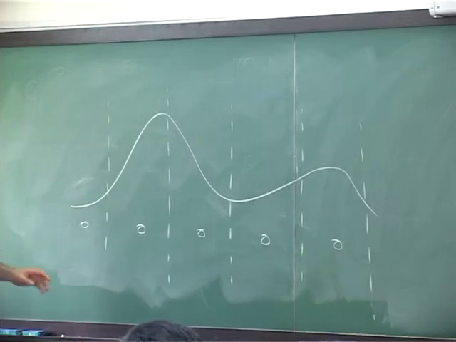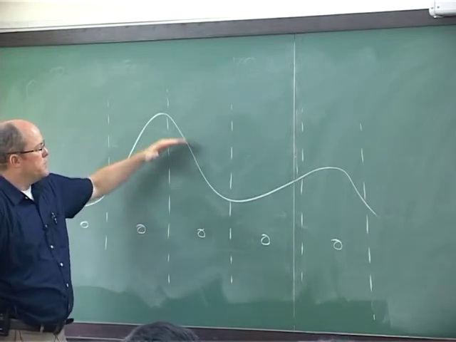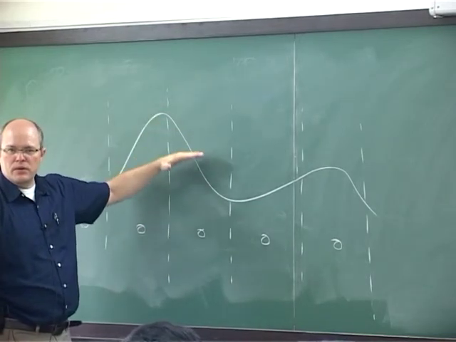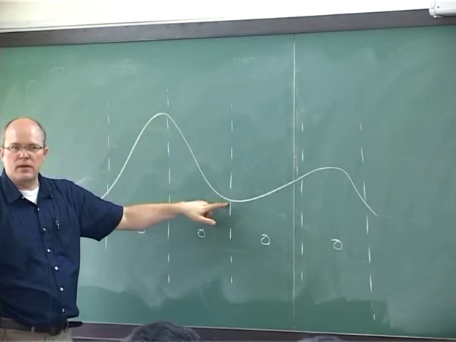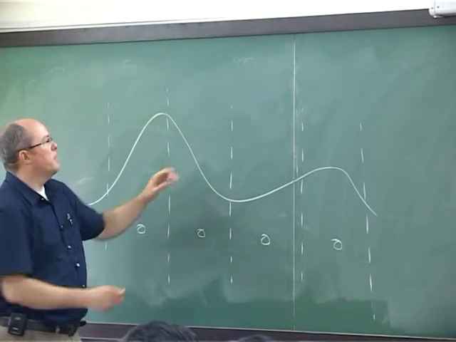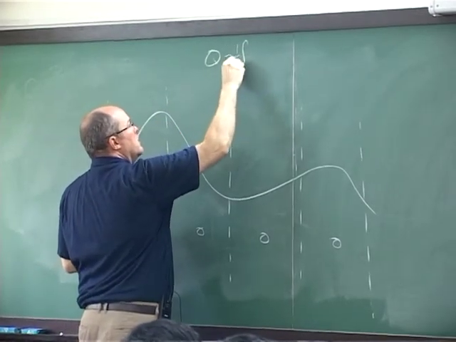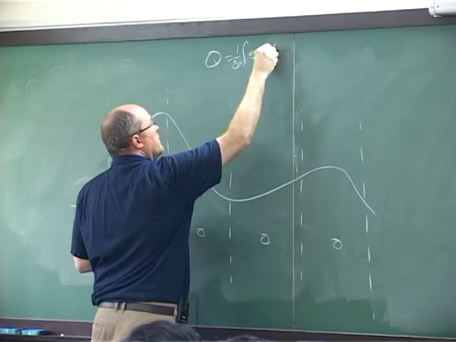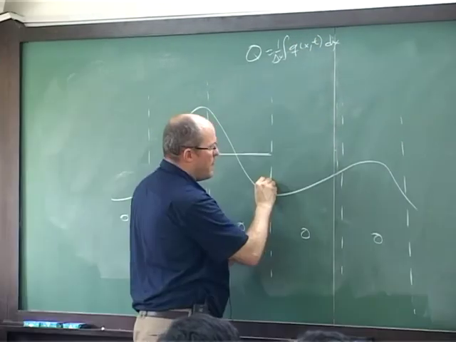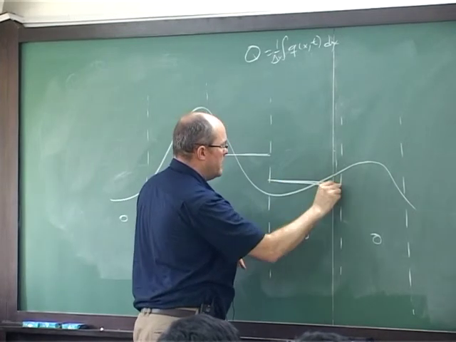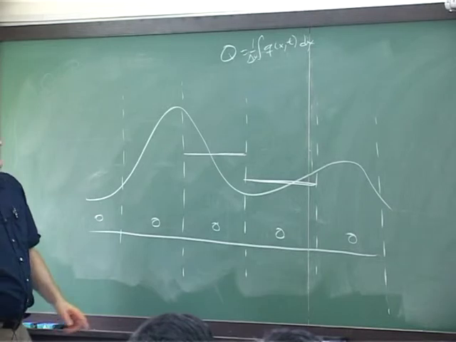And what he said was, we're going to take the average value of the function inside of this cell. That's what we've been doing, right? We write that Q is the integral of little q in x, right? I'm finding the average value and say it's right there.